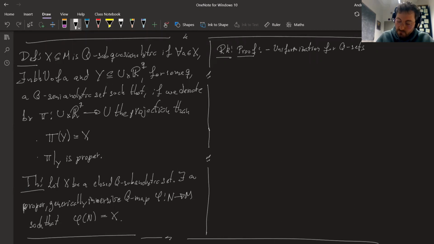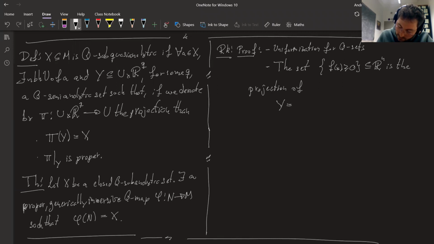The second is a remark on semi-analytic sets: the set f of x bigger or equal to 0 contained in R^n is the projection of the set of (x, y) with f of x minus y squared equals 0 in R^(n+1).